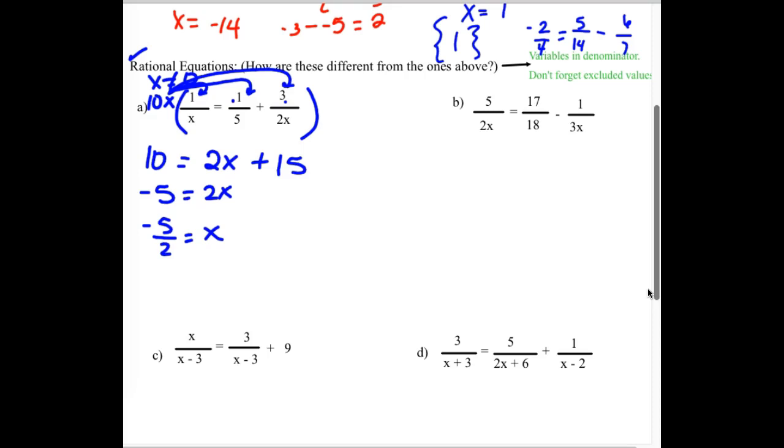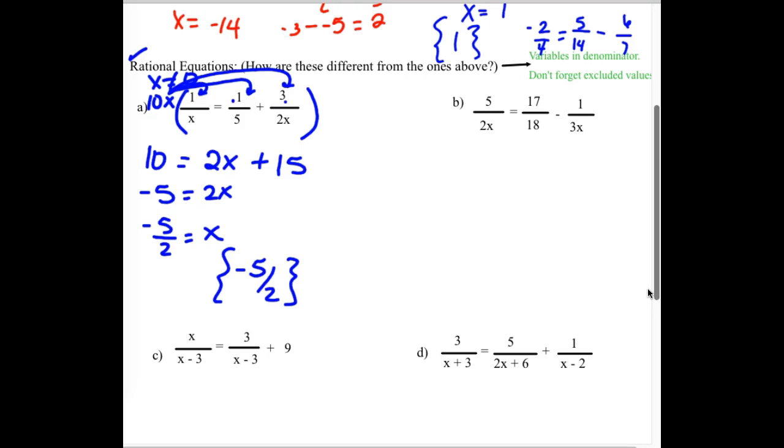Is that one of my excluded values? All right. Then we're going to go ahead and put that down as our answer. We can check these just like we checked the other ones. The biggest thing you're going to see is when the solution you get is actually the value you have to exclude. Okay, so you need to watch for those.